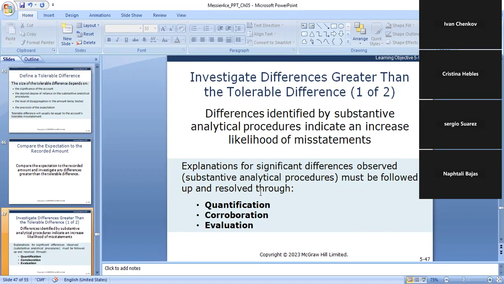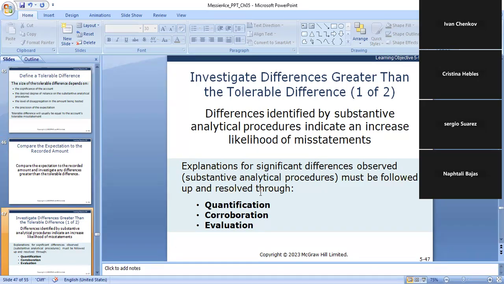And we have to put in some substantive analytical procedures so we can reduce our possibility of misstatement, which is the expectation of the significant differences. That will be quantification, corroboration, and evaluation.